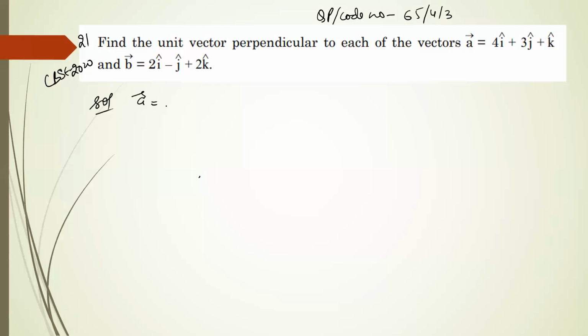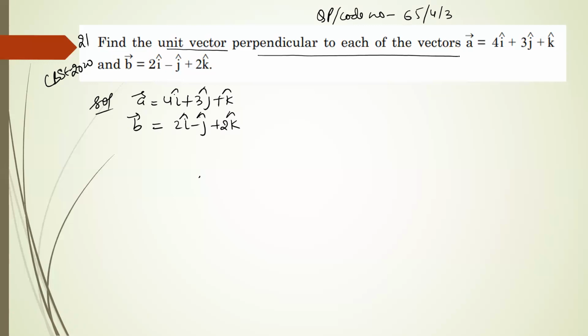Vector A is given to you as 4i cap plus 3j cap plus k cap, and vector B is given to you as 2i cap minus j cap plus 2 times k cap. We need to find the unit vector perpendicular to each of the provided vectors.